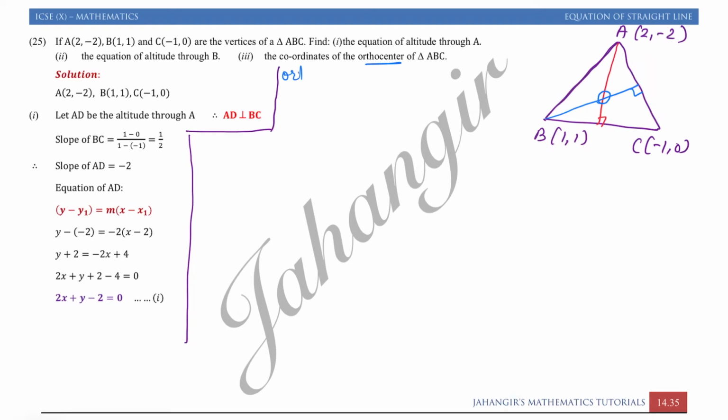Orthocenter is the point of intersection of altitudes.